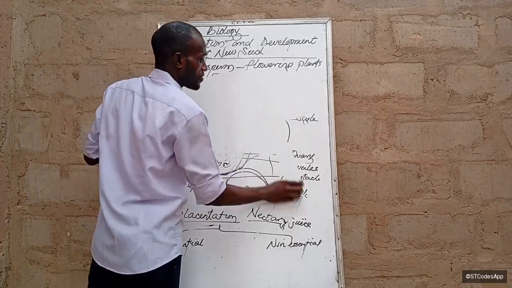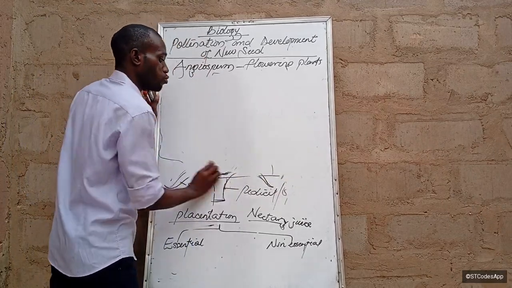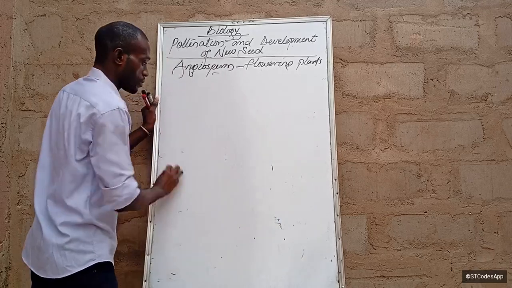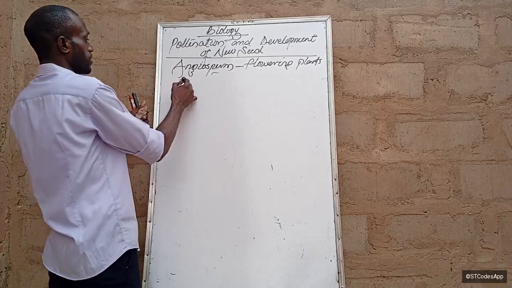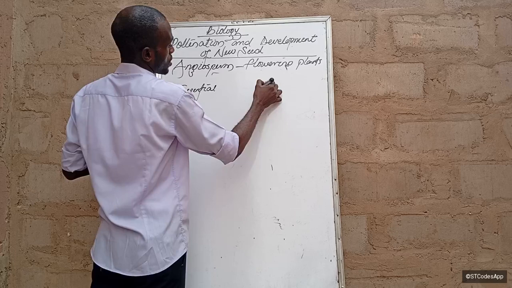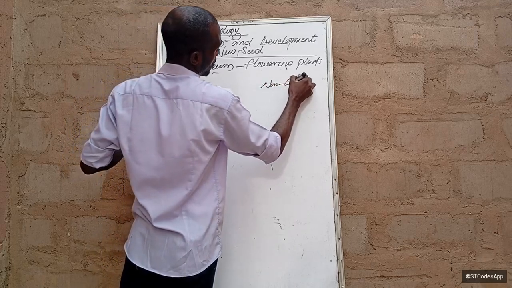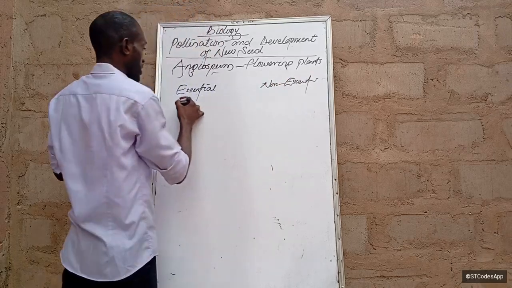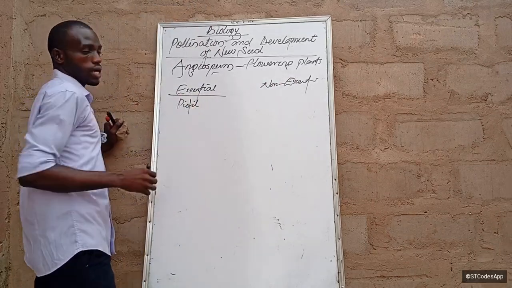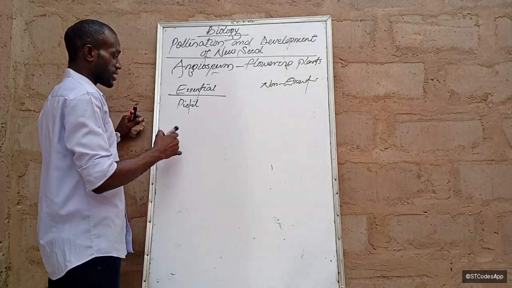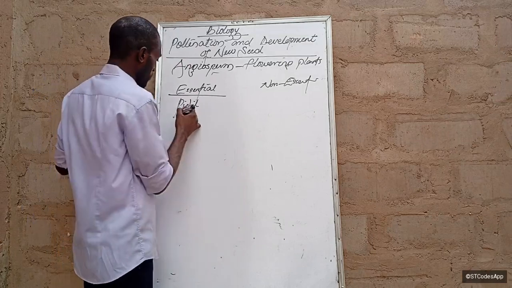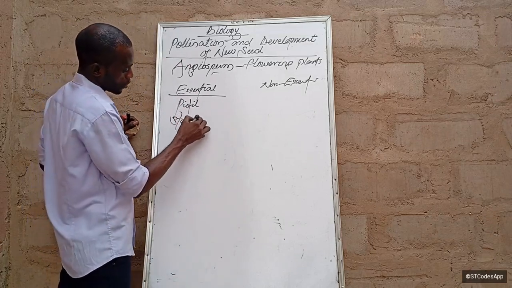Now, I have said that the flower has two parts. They are the essential parts and the non-essential parts. Now, the essential part, I mentioned the female reproductive part, which is the pistil, and the male reproductive part, which is the stamen.